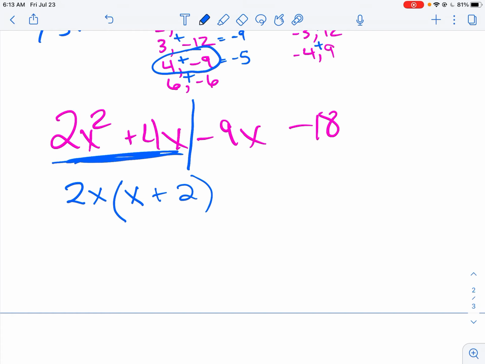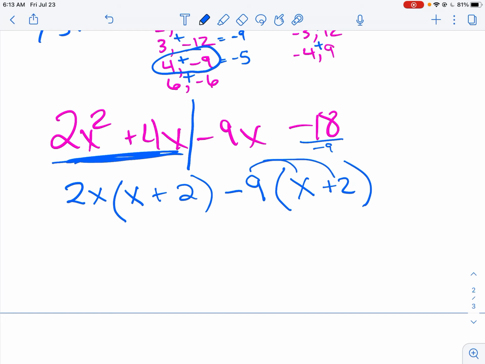So now I'm going to look over here. Well, I'm starting off with a negative, so I need to write that negative down. What do they have in common? They have a 9. They have a negative 9 in common. So if I divide negative 9x by negative 9, I get a positive x. If I divide negative 18 by negative 9, I would get a positive 2.